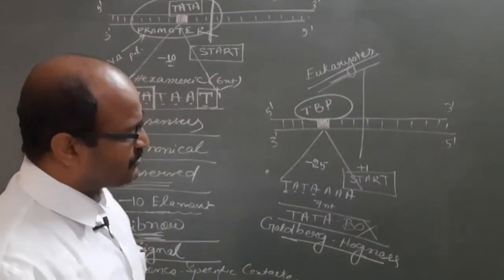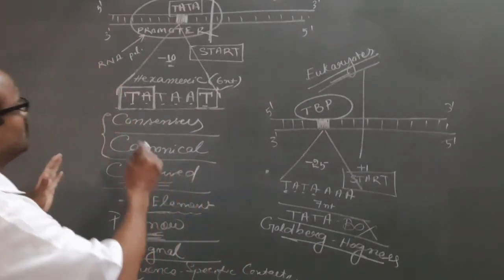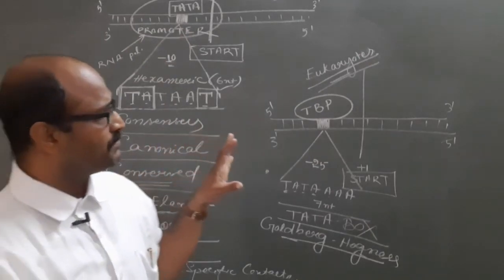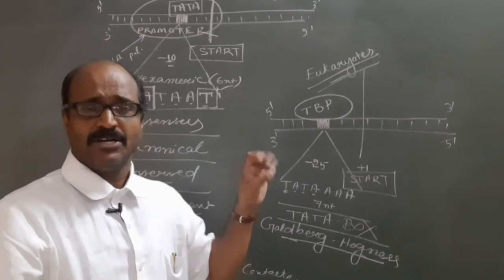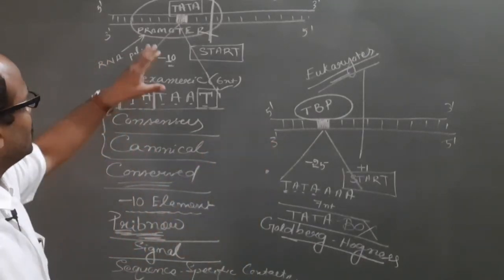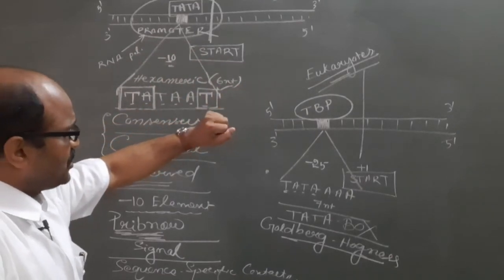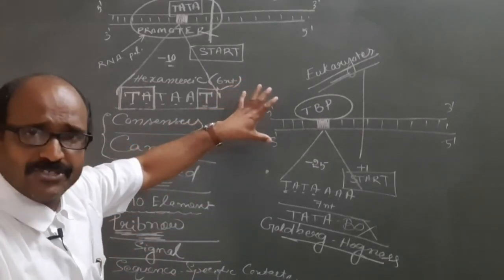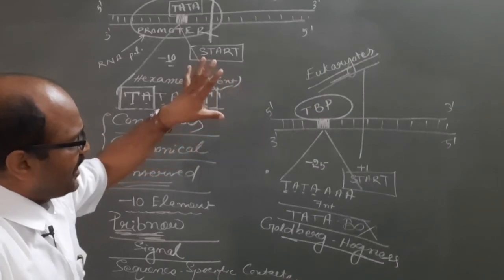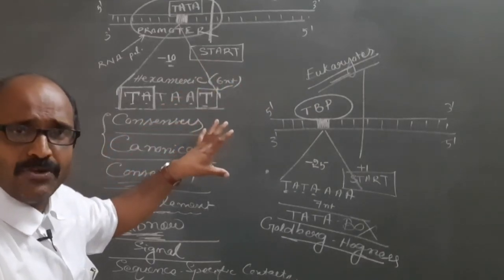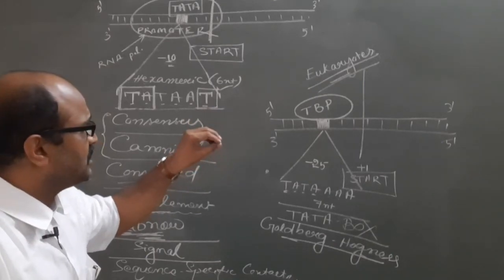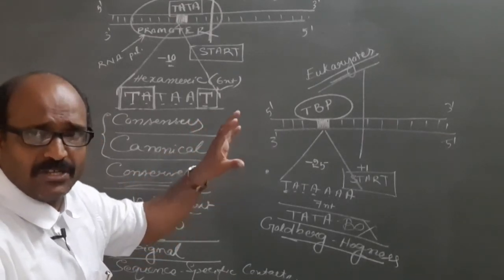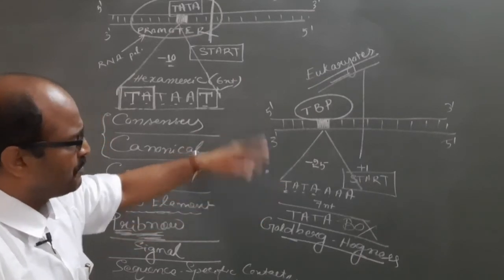It is also observed that if a mutation occurs in this TATA region, in the consensus sequence, it causes symptoms of diseases, such as gastric cancer or spinocerebellar ataxia, which is a lowering of coordination, one type of neural disorder.